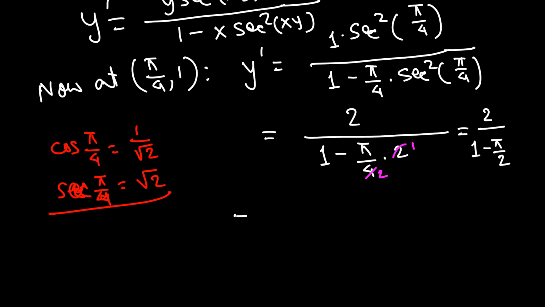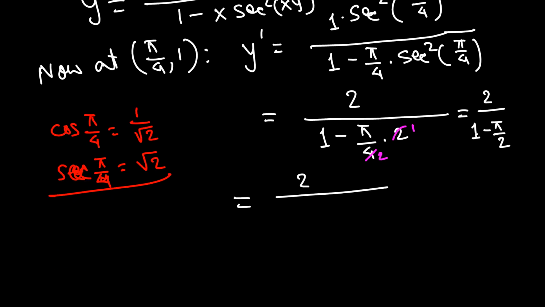The best we can do is on the bottom, we can make common denominator. 1 is 2 over 2. So 2 minus pi all over 2. And 2 over that, change, flip. So 2 goes on the top. So 2 times 2, 4 on the top over 2 minus pi. Final.